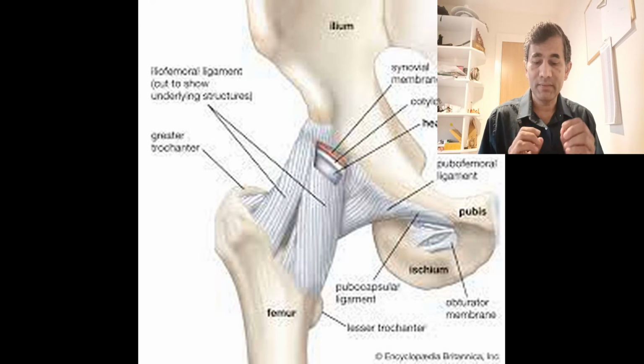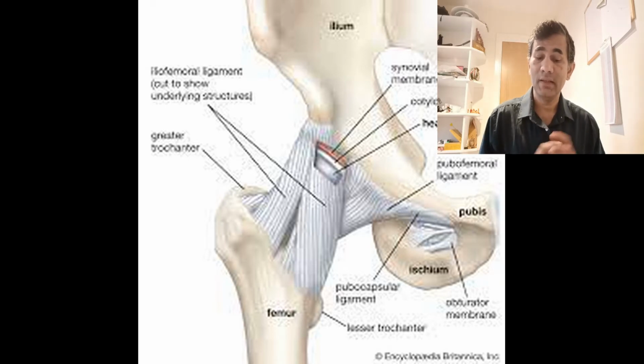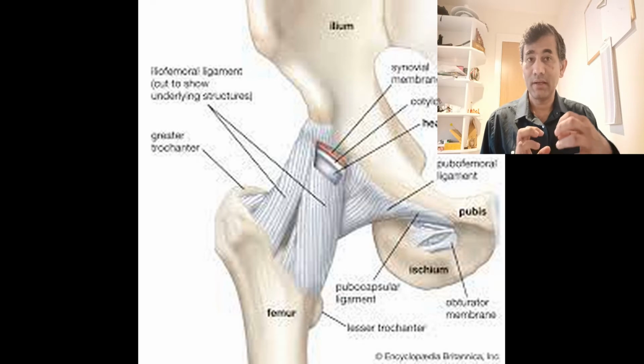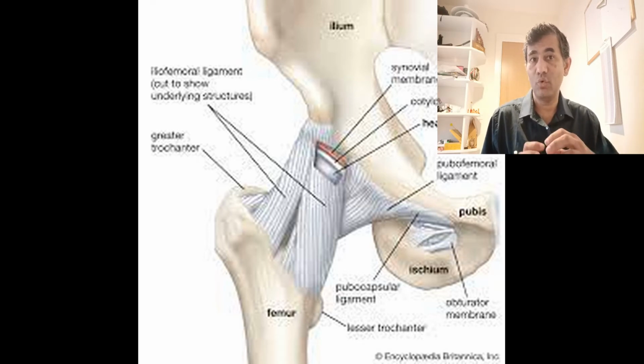Now the white fibrous bands seen here are ligaments. These are hip joint ligaments. They connect one bone to the other bone, and that is called ligament. These are quite elastic, so it gives flexibility to the joint movement.